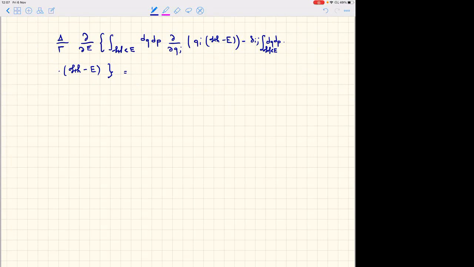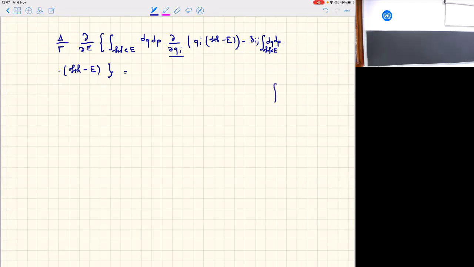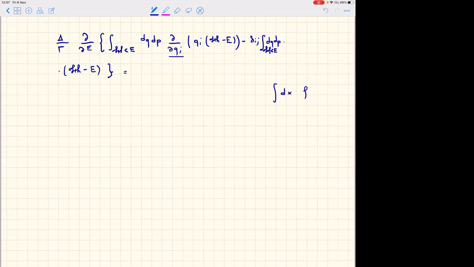Well, now this is an integral of a total derivative, right? So it's like an integral dx f prime of x, right? It's a total derivative. And therefore, it's just the integration at the two boundaries in the direction j.